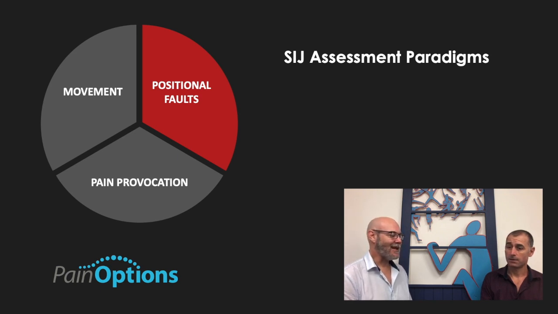And also when you look at the reliability of the test for positional faults, again, they come up very poorly. I can think of one example in 25 years, and that's someone in a truck accident where there was actual separation of the sacroiliac joint, clearly identifiable on their radiology, where you could arguably say maybe there was an issue there around stability, but that's one in a lot of patients.